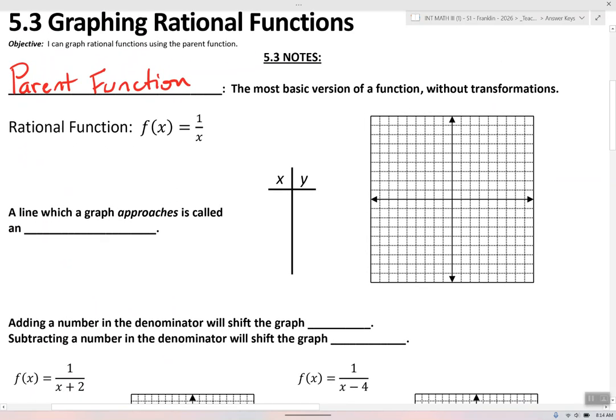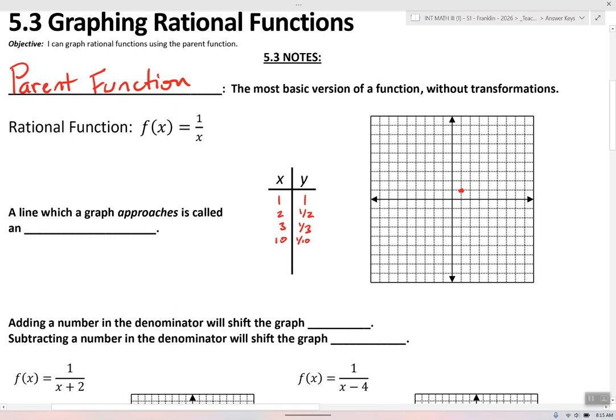Okay, so let's say I put the point 1 in for x. Well, that would be 1 over 1, or 1. So I'd have a point here at 1, 1. But then you can see as I put bigger and bigger numbers, like 2, it would give me 1/2. 3 would give me 1/3. If I put, let's say, 10 in, that'd be 1/10.